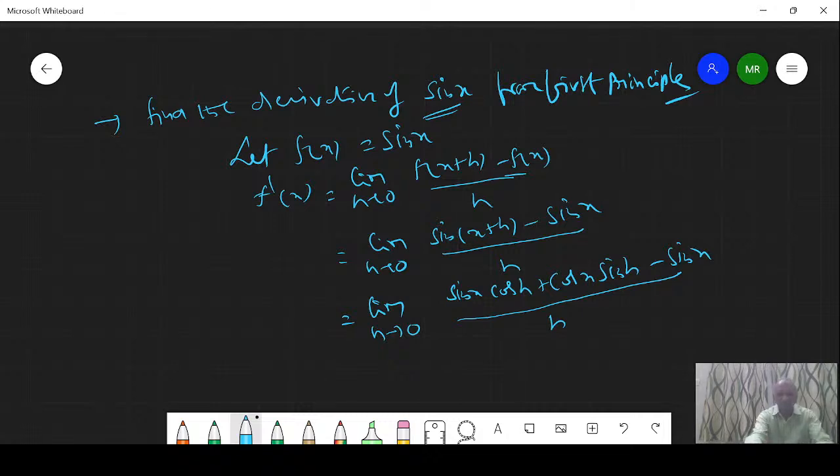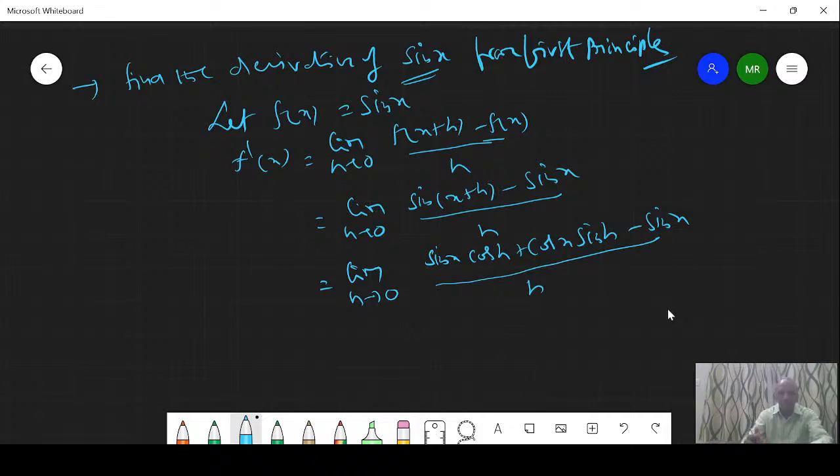I can do this problem in two ways. I expand sin x cos h plus cos x sin h, or I can apply the sin c minus sin d formula.